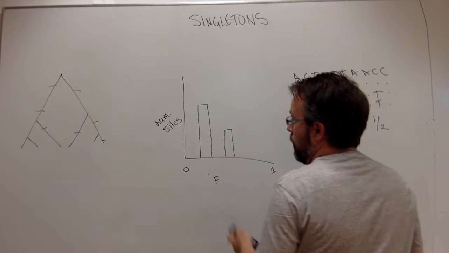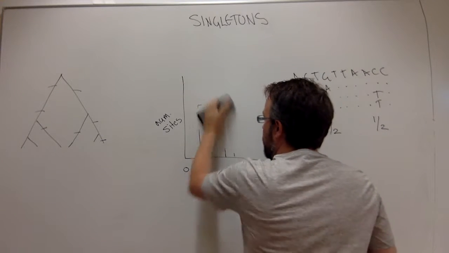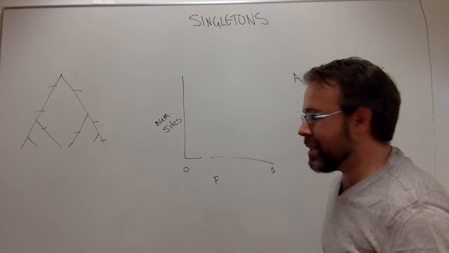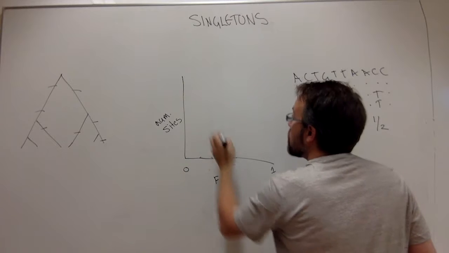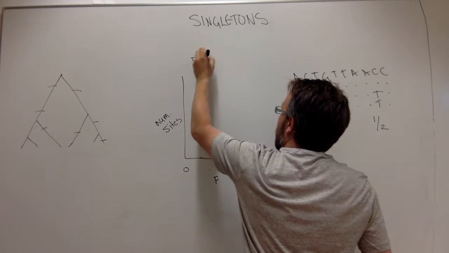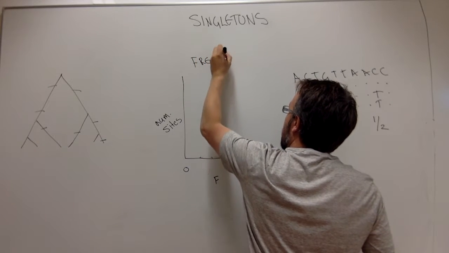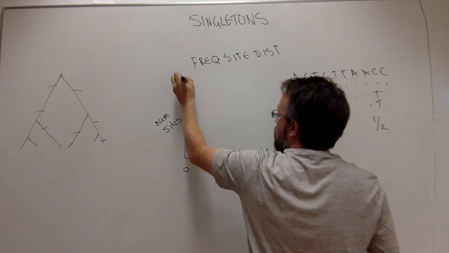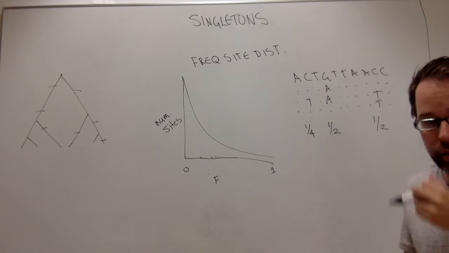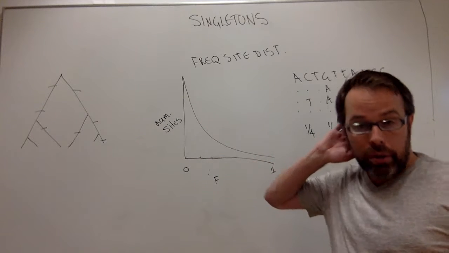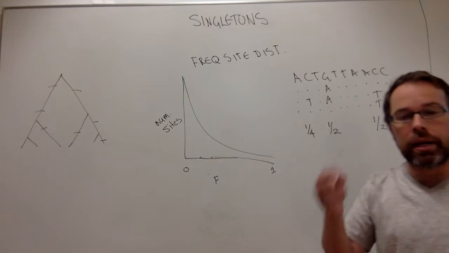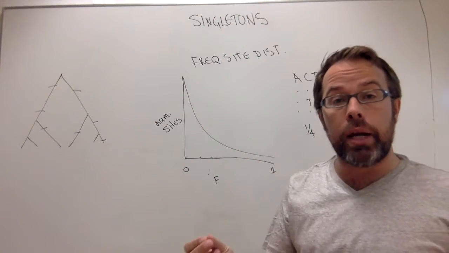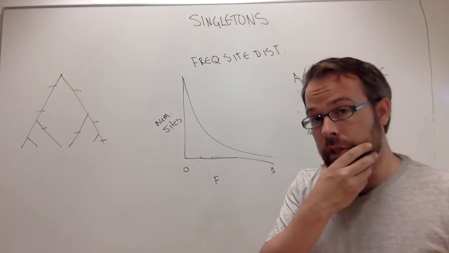And so something that you'll frequently see is the frequency site distribution. So people will show frequency site distributions like this. Now, these are very important because they allow us to detect the action of selection, or selective mating, or population subdivision.